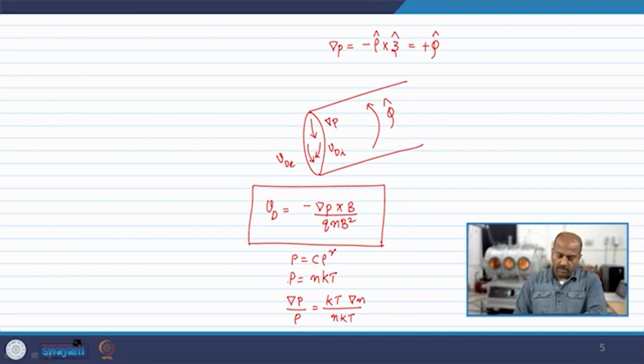I have taken a derivative of P, and k being a constant, T is also assumed to be a constant. Then if there has to be a change in the pressure, obviously there should be a change in the number of particles per unit volume, or vice versa. Both of them tell you the same thing, right. So, you can cancel these and simply write del P by P equals del n by n.